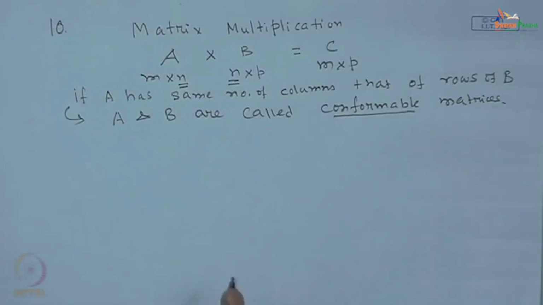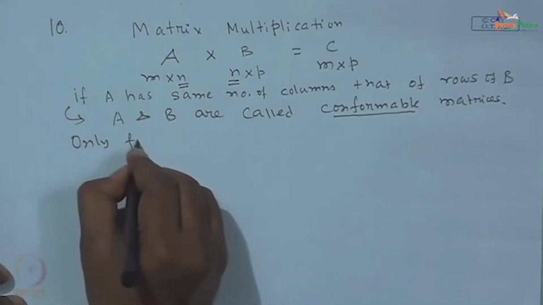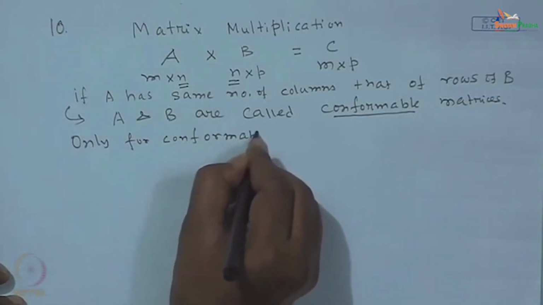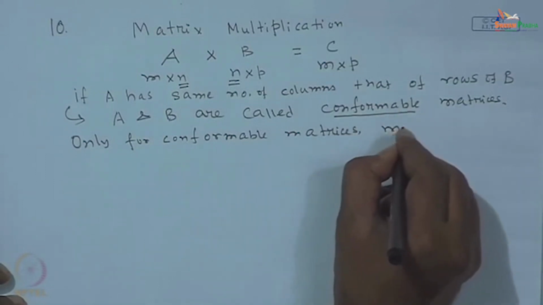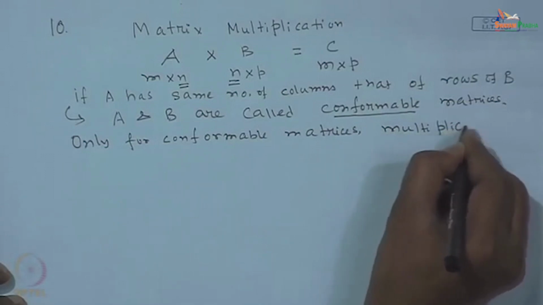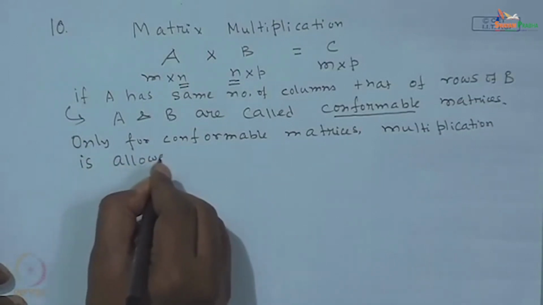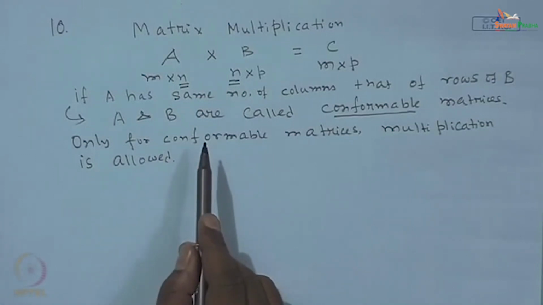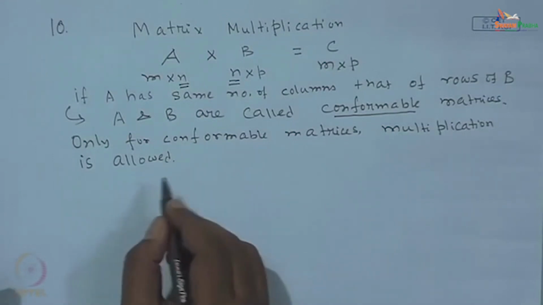If two matrices are conformable, then their multiplication is allowed. Only for conformable matrices multiplication is allowed, otherwise not. So, if the number of columns of one matrix is equal to the number of rows of the other matrix, then these two matrices are multiplicable.